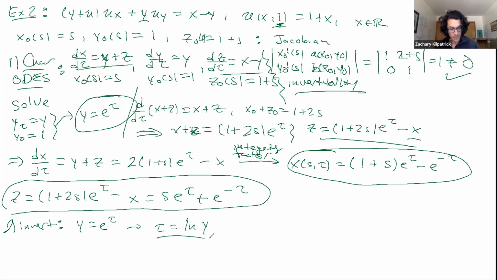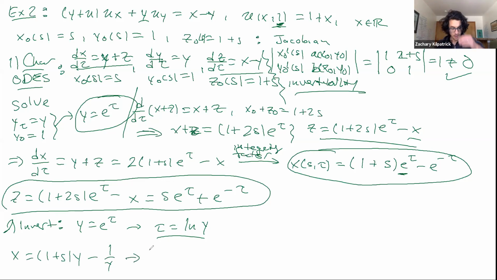How do we get back to a formula for s, though? Let's look at the x equation. If we look at the x equation, we have e to the tau. Well, we know e to the tau is y. So we have 1 plus s times y, and then e to the minus tau, that would just be 1 over y, okay?